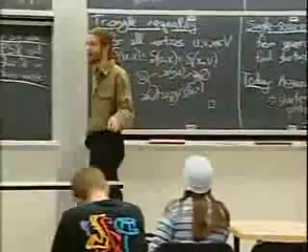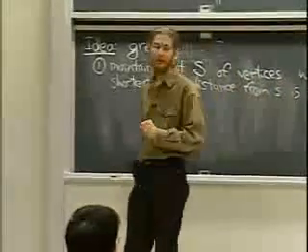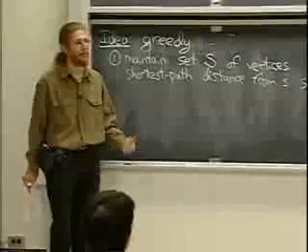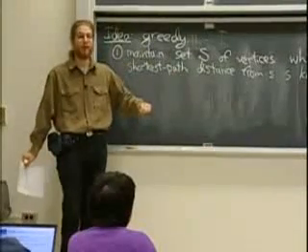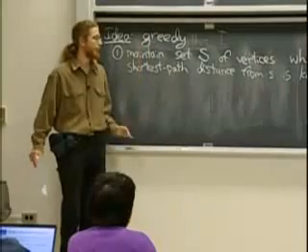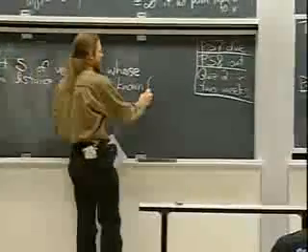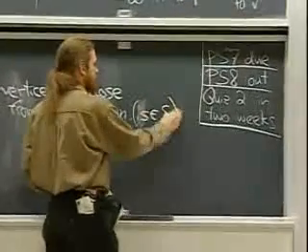If I had a negative weight cycle, maybe the distance from S to S is minus infinity. But I can't have negative weights, so there's no way I can get from S to S faster than 0 time. There might be a longer path that still has 0 cost, but it can't be any better than 0. So in particular, I know that. Initially, S is certainly in big S.